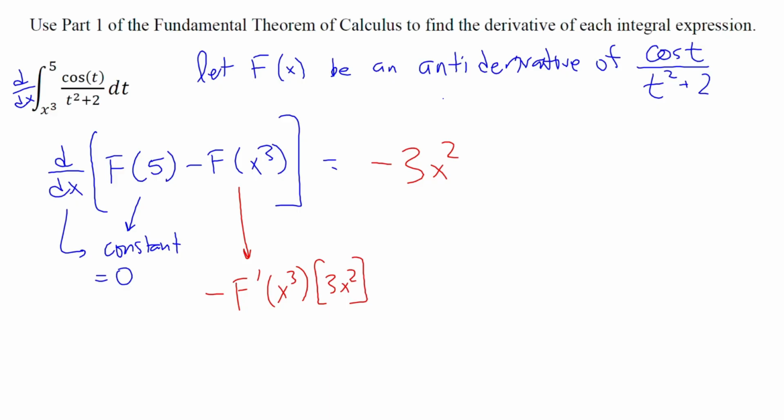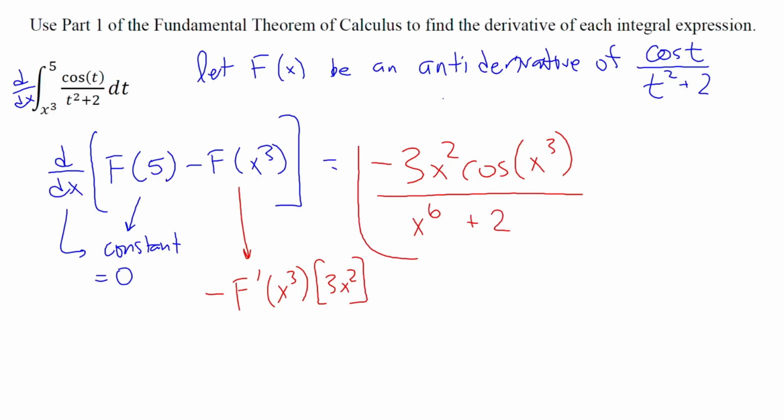So that'll be times the cosine of x cubed, and then all divided by x cubed squared, which would be x to the 6th, plus 2. And that's our final answer.